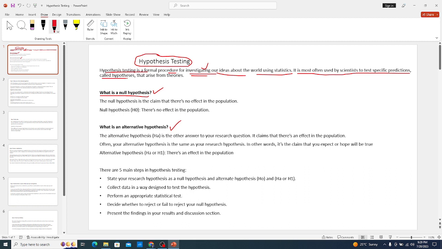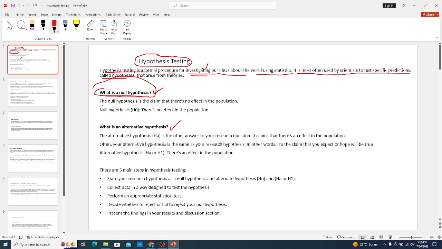Like you are trying to create a theory, or in fact a scenario or a situation. Okay. So, what about the null hypothesis?